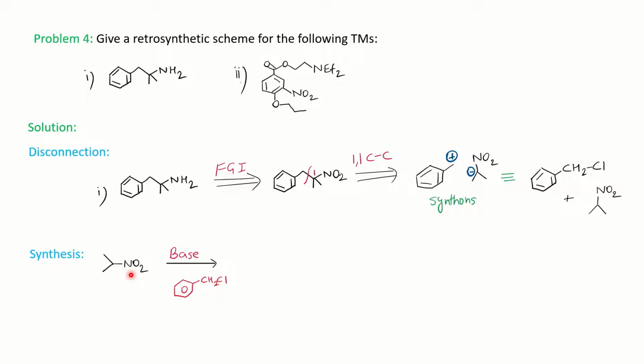So here nitromethane in the presence of base, abstraction of a proton will be there, which will attack on your other equivalent starting material and will give you the NO2 substituted molecule, which on reduction will give you your target molecule. So it's a very simple synthesis. With the help of 1,1 C-C disconnection and FGI, you can get the starting material and synthesize your target molecule.